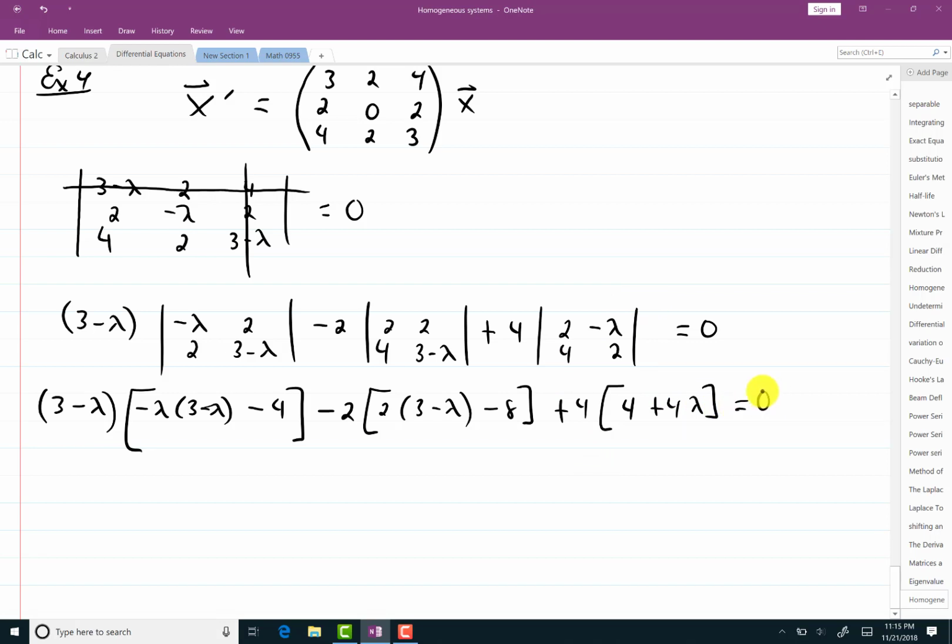Now what I like to do, just in case I'm able to factor it, is to prepare myself for the purposes of factoring by trying to leave everything in factored form, just to see what I can do with it. Let me multiply my lambda through here. I'll get negative 3 lambda plus lambda squared.